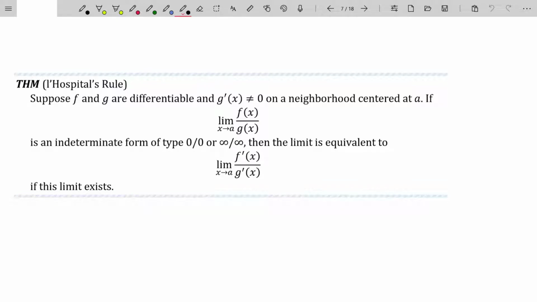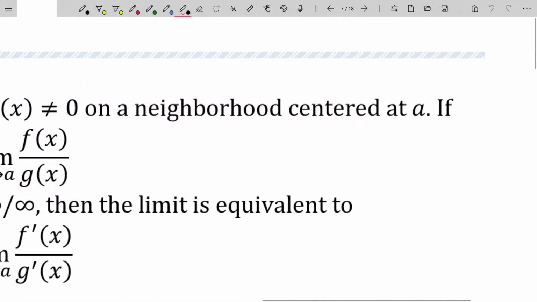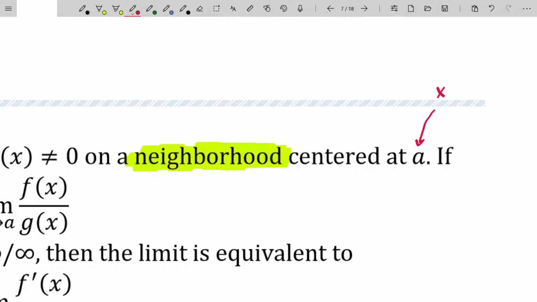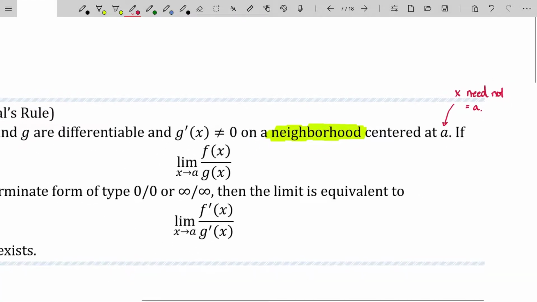Remember what I mentioned early on in my lecture series for differential calculus: whenever I say the word neighborhood, I really mean a punctured open neighborhood. That means that a need not be included, so x need not equal a. That's okay, since we're taking a limit as x approaches a.